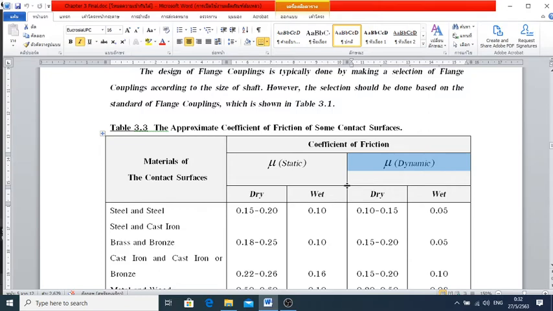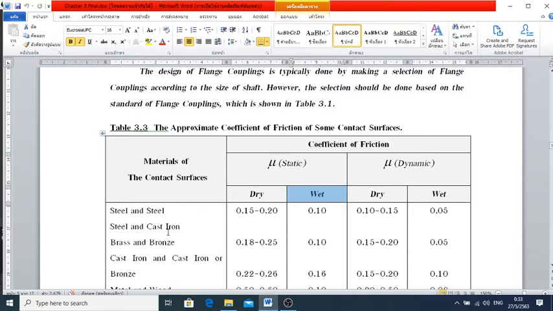So therefore, if the material is made of steel, both of them, you are going to have, if you go for dry, dry means not lubricated. Wet means it's lubricated for both the bolt and nut, things like that.